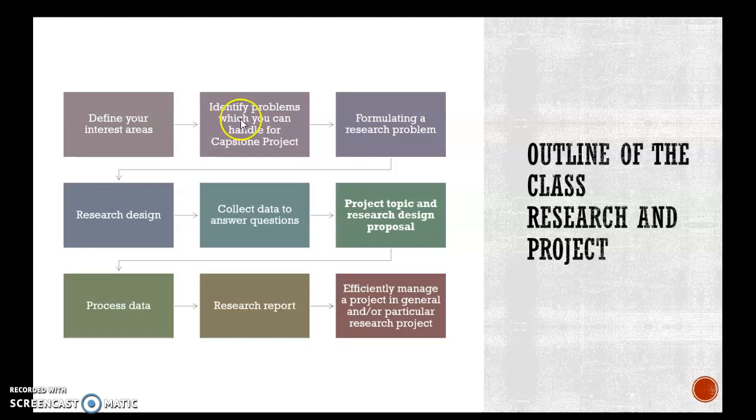At the end of this course, you're going to have this research design proposal and project topic defined. For example, if you build a website to solve some problems, then the topic will be defined and the research method will be defined as, you're collecting data, you're doing interviews for the needs finding, and you're doing a survey or a case study about the usability study.